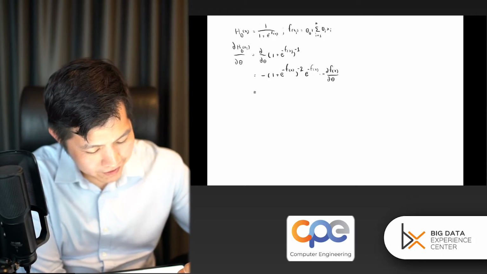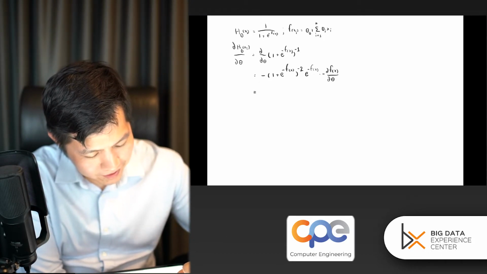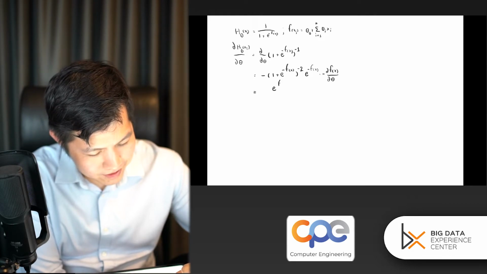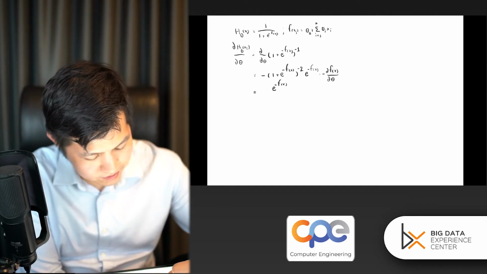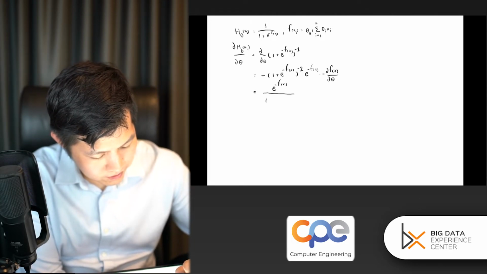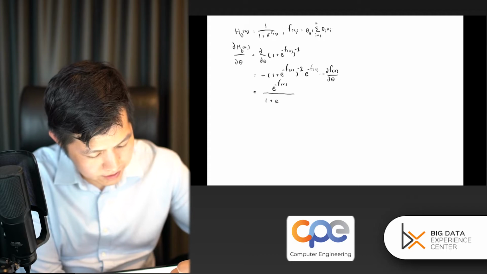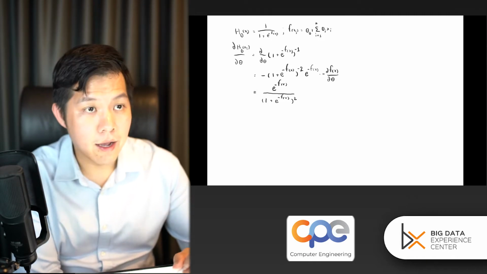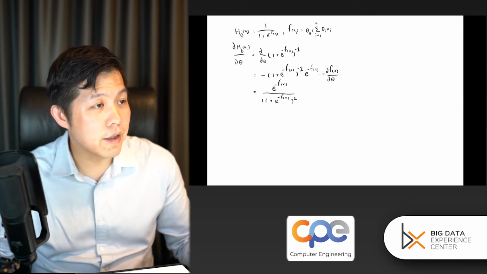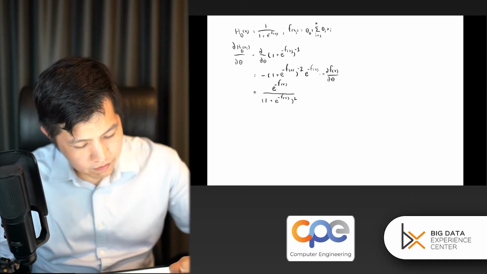Right. Here you have e to the minus fx over 1 plus e to the minus fx squared. And here curl fx by curl theta equals xi.